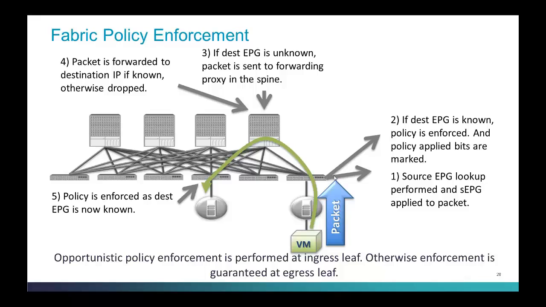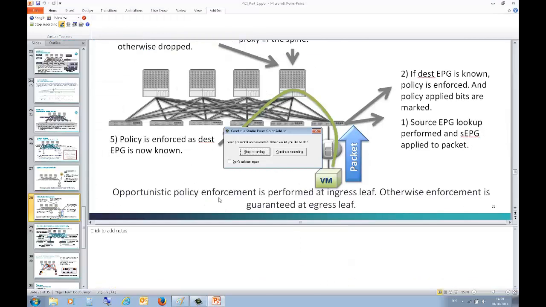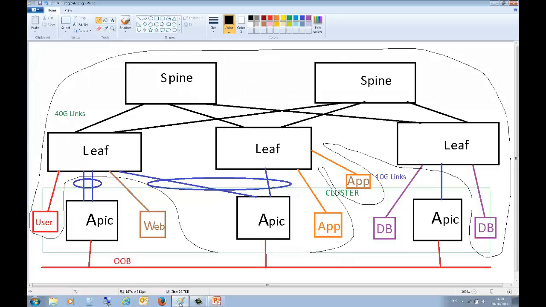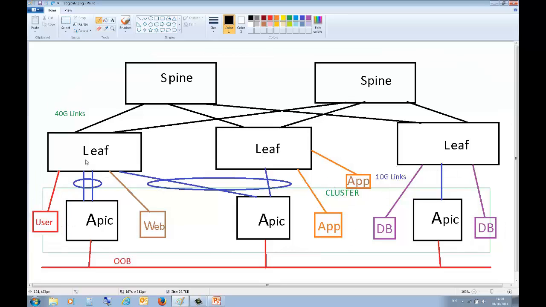Then this slide talks more about EPG to EPG communication now. So if we talk here about a user wanting to access the web, okay, that's EPG to EPG communication. It doesn't matter. It could be connected to the same leaf.